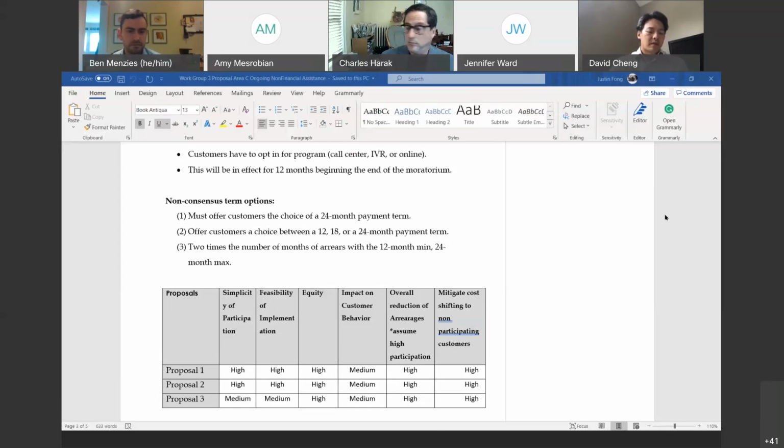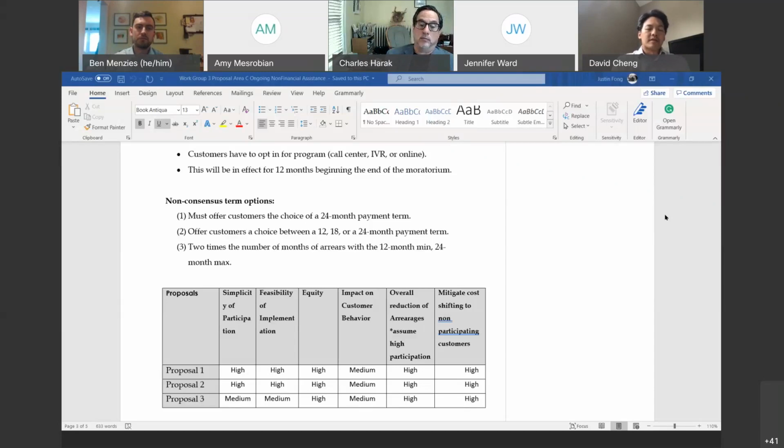Now, I think the important thing to keep in mind is that we believe all of these options will have the effect of assisting customers in the short run, and assuming that the participation is good, it will also achieve the efficacy, which is to reduce arrearages overall.